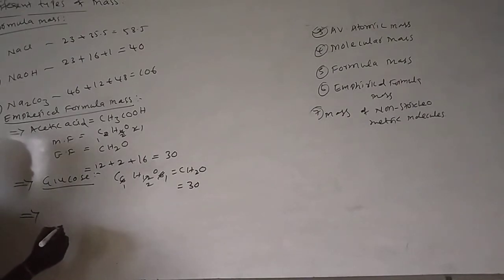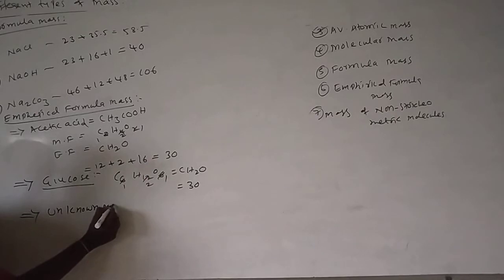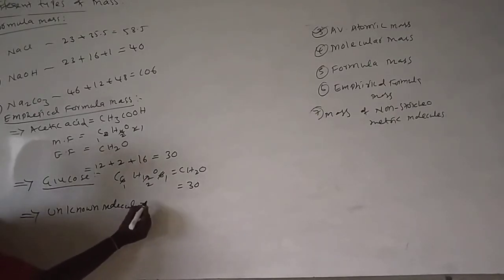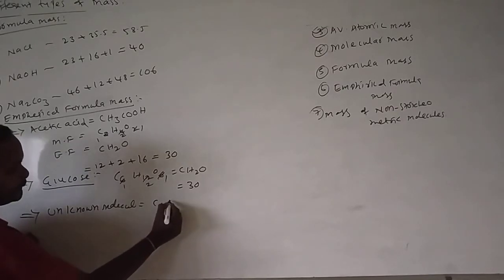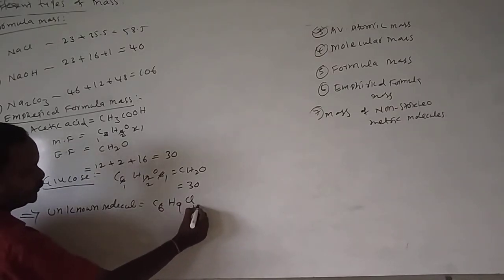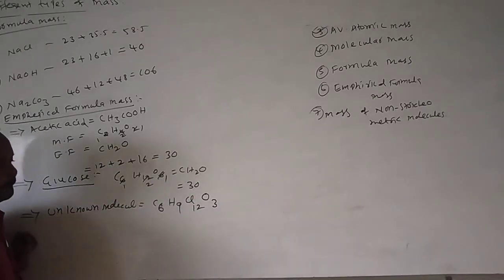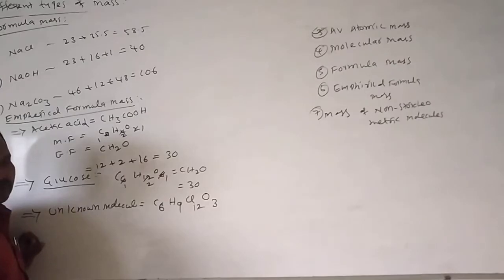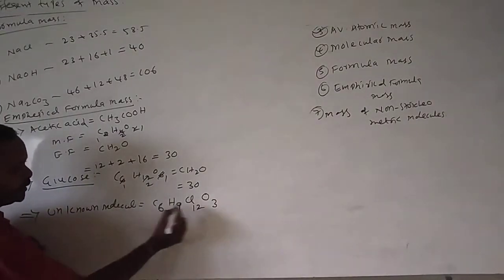Here I am giving an unknown molecule: C6H9Cl12O3. This is our unknown molecule. What is the simplest form of this molecular formula?